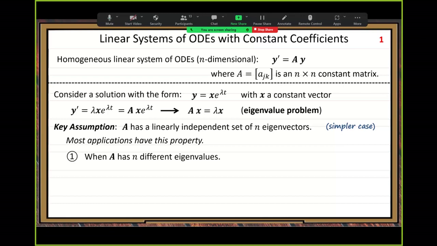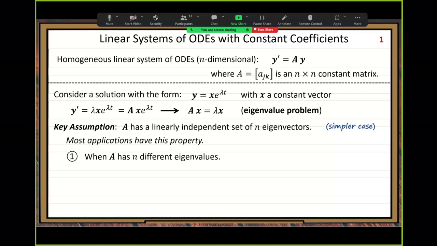Under this condition, there are several cases, and we want to see those cases. Case number one: how do we get this linearly independent set of eigenvectors?